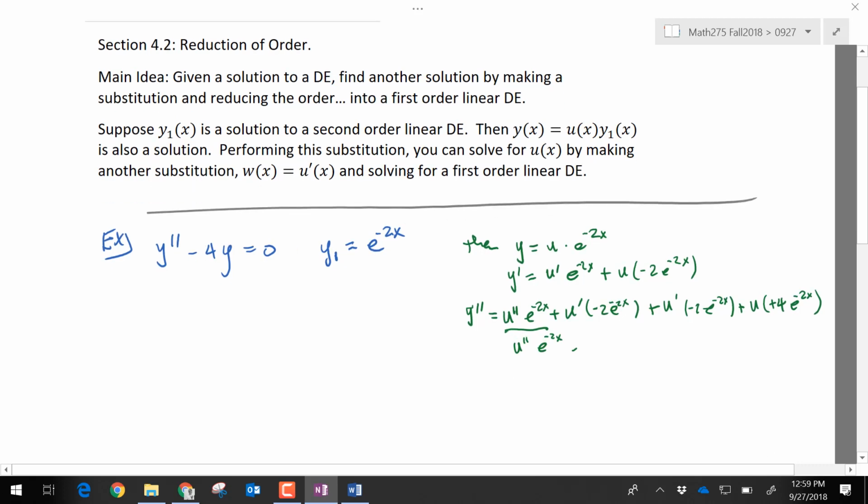Let me collect all the u primes. There's two of them. Oh, this is a 2, yeah? So that's negative 4, minus 4 u prime. And then the last one.